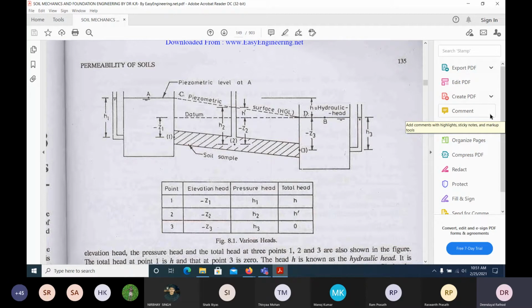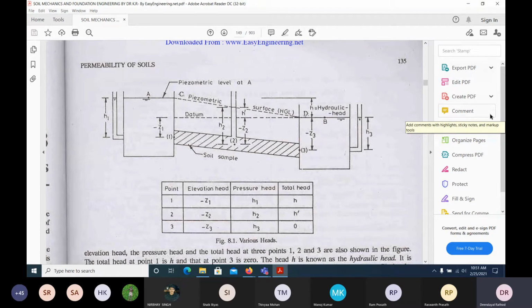But velocity here we will neglect because soil flow velocity would be very, very less. So here we will consider elevation head plus pressure head equal to total head. We'll take a datum here, the dotted line, and with that we'll measure the elevation.